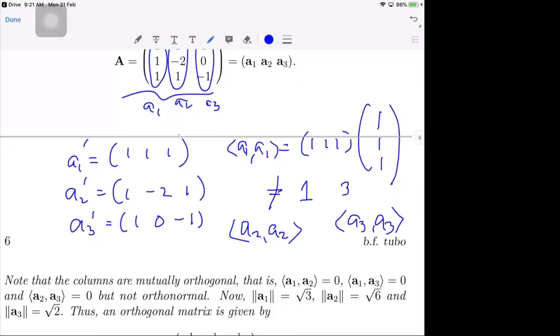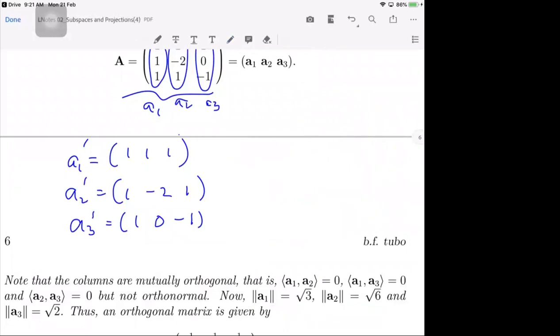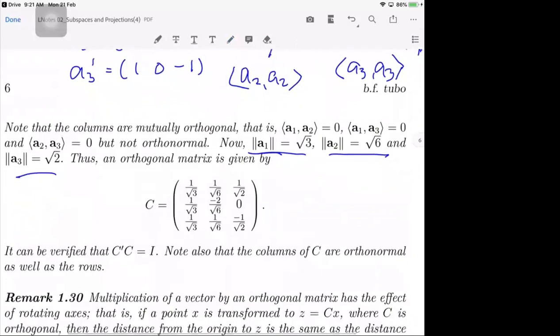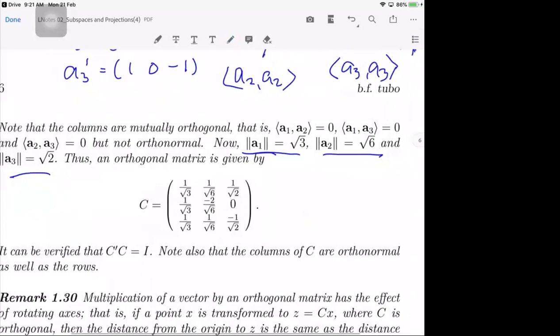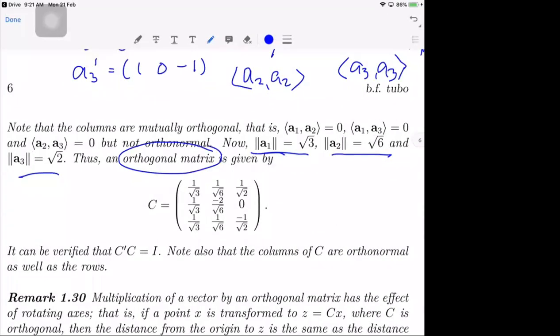So to normalize it, you get the length of A1, which is the square root of the inner product, 3. So the length is the square root of 3. This is the norm of A1. A2, similarly, you can get this. So to be able to get an orthonormal matrix, you divide each vector by its length.